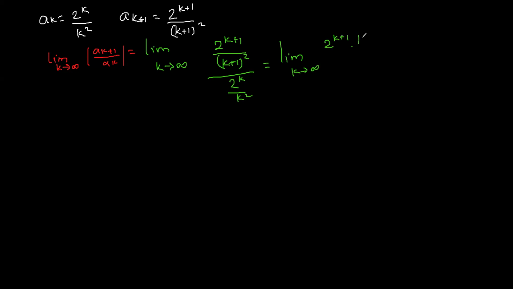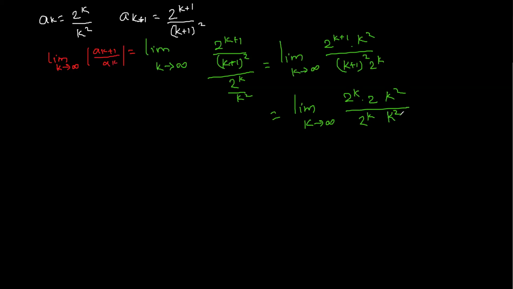2k into k square. 2 raised to k into 2k square. Take k square common. k square cancels.